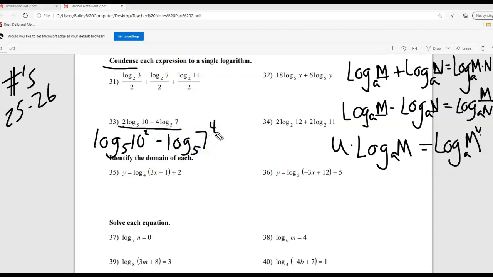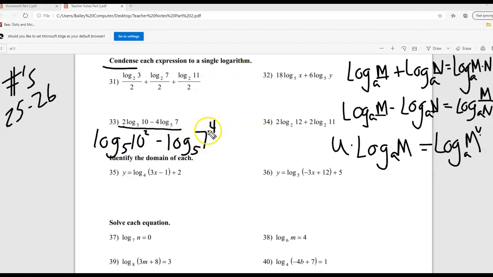Okay, now since we have numbers here instead of just letters, technically you could do 10 to the second power and change that into 100 if you wanted to. But I think we probably won't, because as you can see, like this one here says 7 to the 4th. So if you're going to do this one, you would want to do this one also.